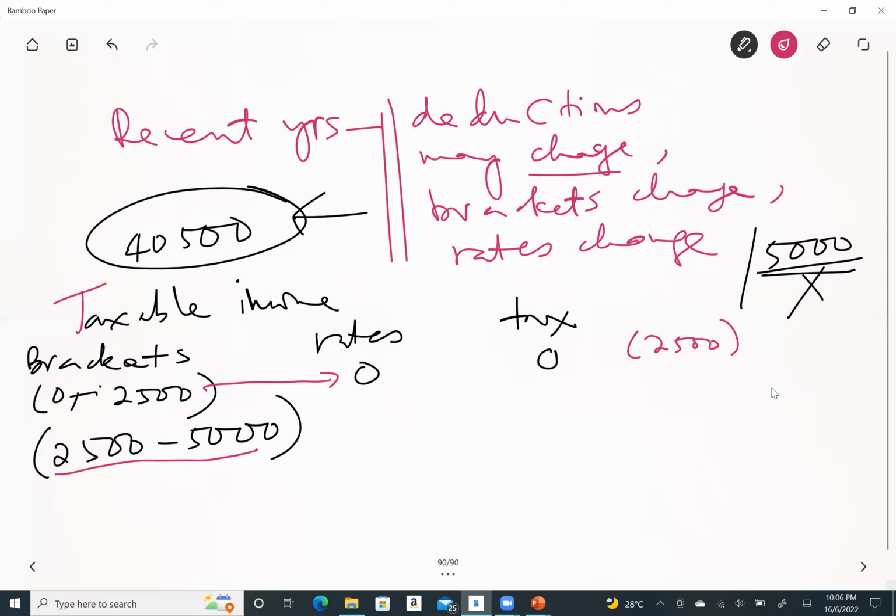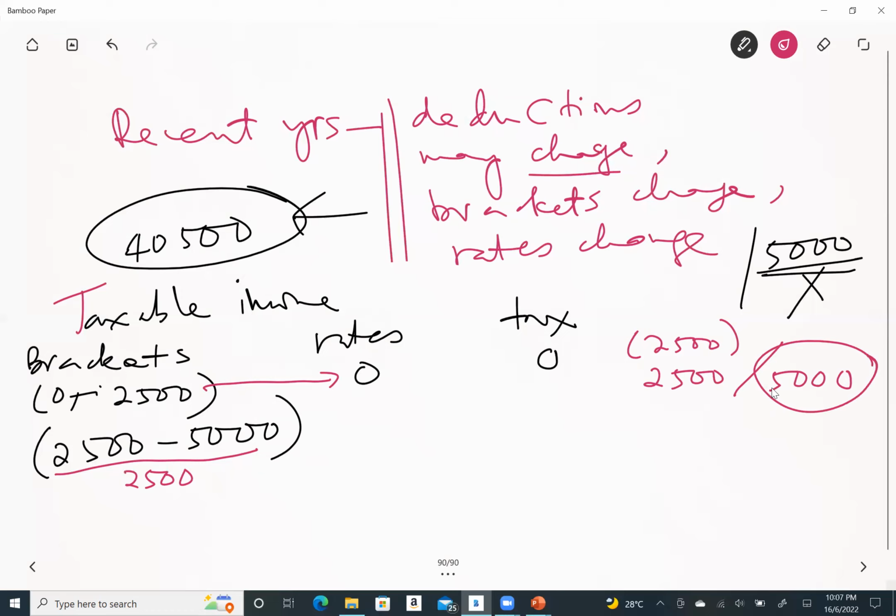So how much money in that bracket? 2,500. So the next 2,500. All right. So the next 2,500 sum is what? 5,000. But the amount taxed in that bracket is not 5,000. It's only 2,500.